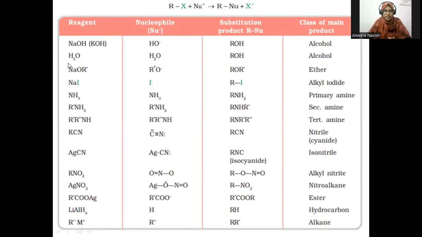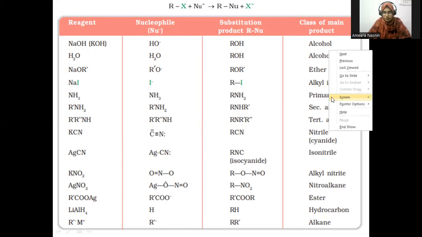So according to the reagent that we take, we can prepare a wide variety of products by this reaction. So this is a very useful reaction. For example, if you are taking NaOH, we'll get a nucleophile OH minus, and we'll end up with alcohol as product.